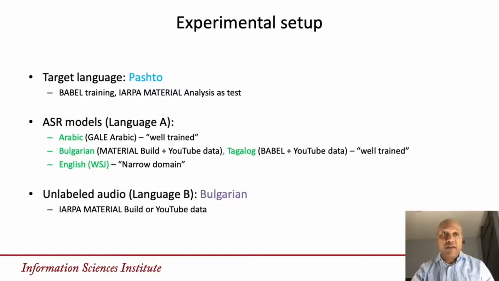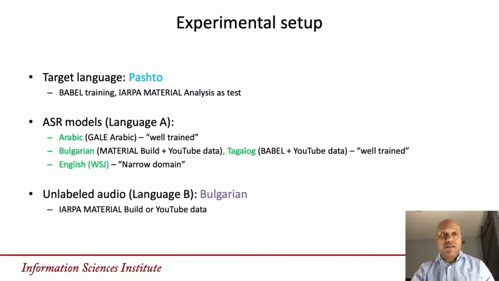For Bulgarian, we use the MATERIAL build training dataset along with about 2,000 hours of YouTube data. For Tagalog, we use the Babel training data set along with about 2,000 hours of YouTube data that we have downloaded as well. For English, we use the Wall Street Journal corpus as our training set.